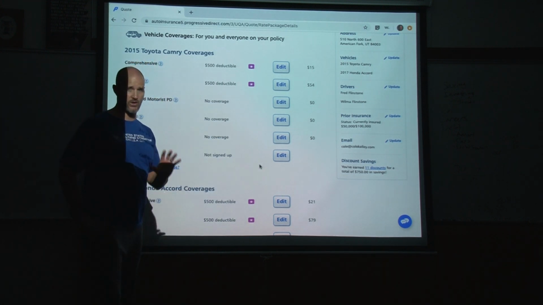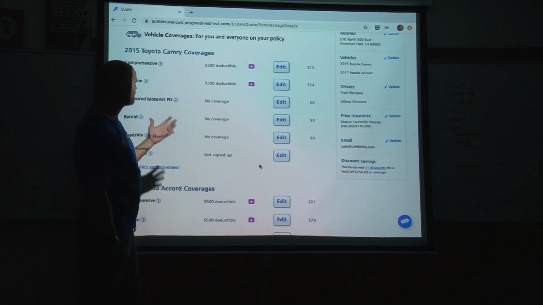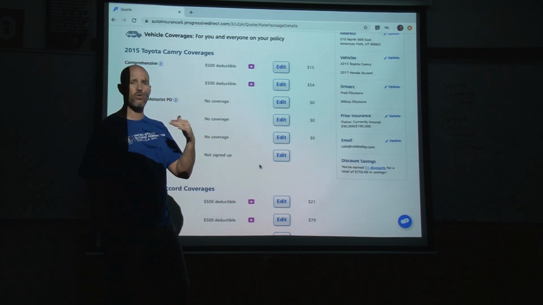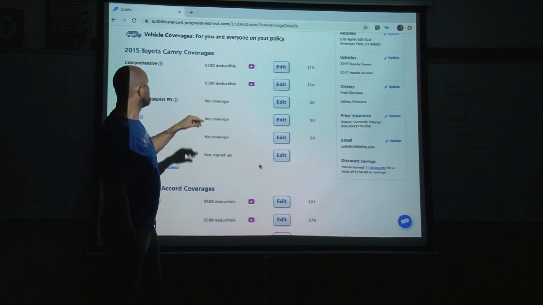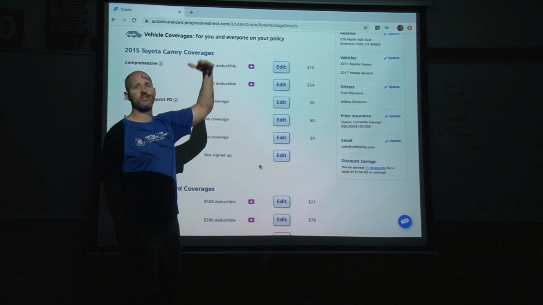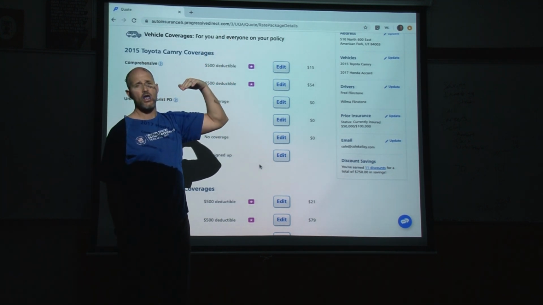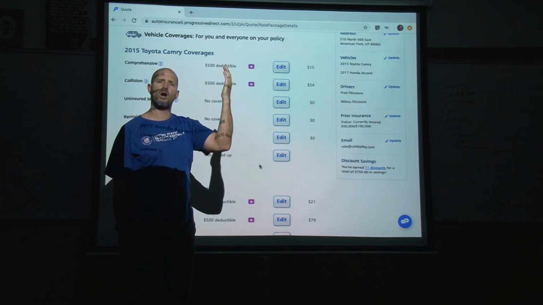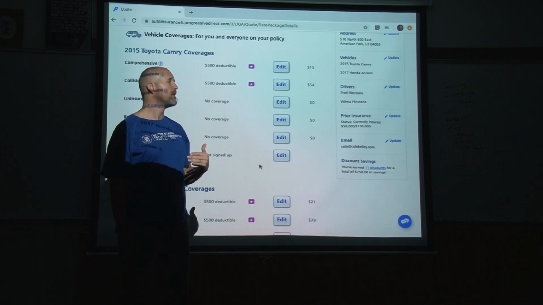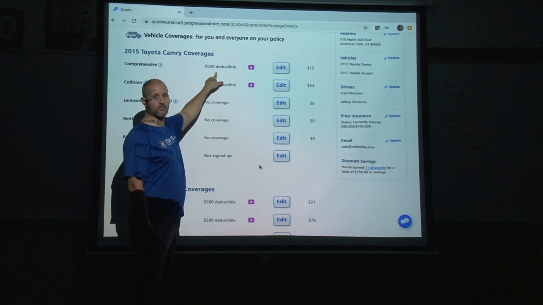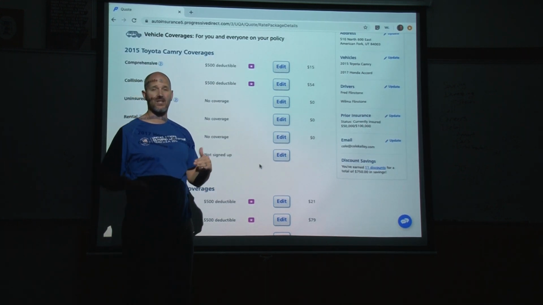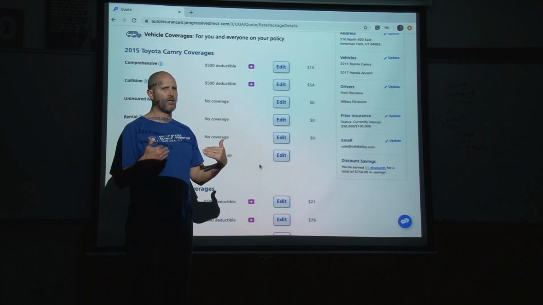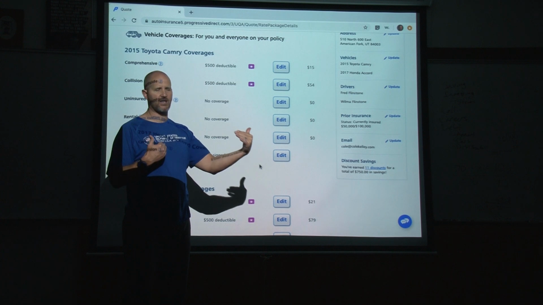Here's another quiz question that I want you to understand. Actually, I should have mentioned this in the other one too. One of the quiz questions says, if you go with a higher deductible, if you increase your deductible, do your premiums go up or down? If you go with a higher deductible, your premiums will come down because you're saying, hey, I'm willing to pay more money towards this claim if I get in a car accident.